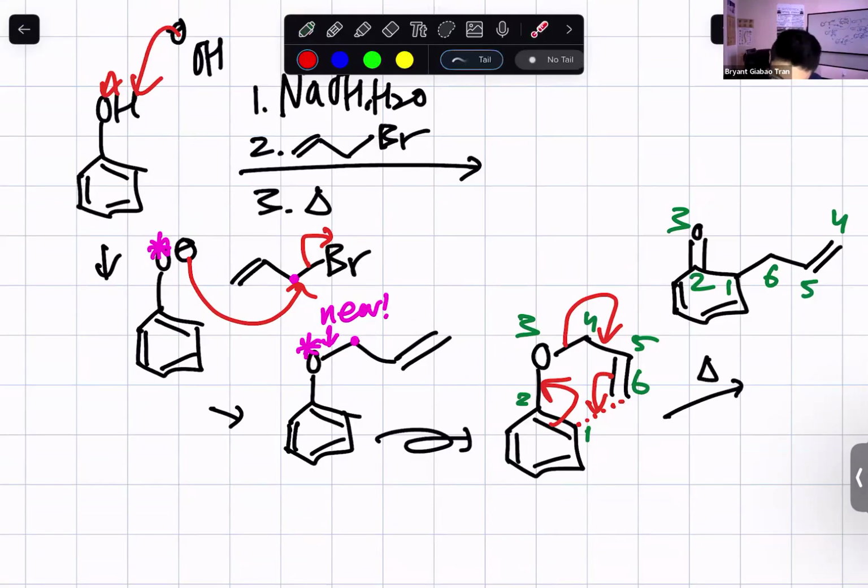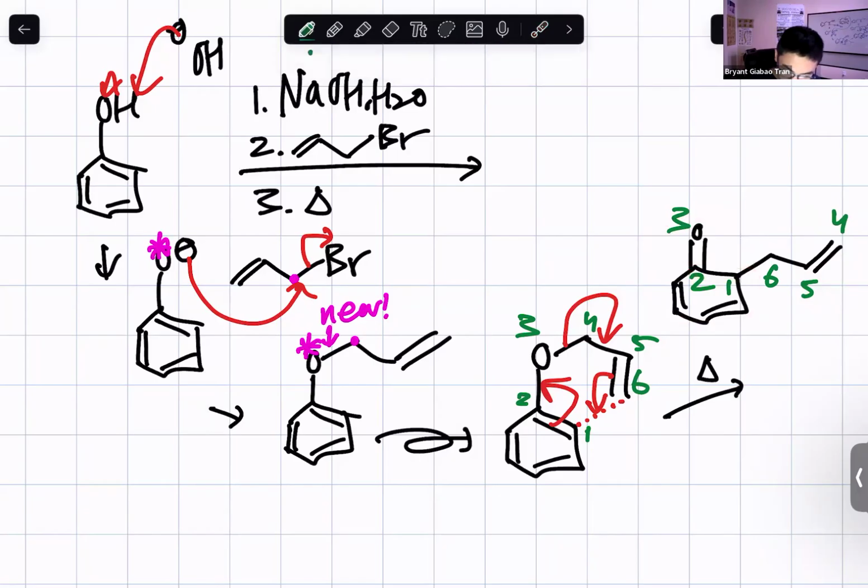Where this is a gamma delta unsaturated carbonyl, alpha, beta, gamma, delta, but we don't stop here because we see that this carbonyl form is unfavorable. We want to go back into the enol form to restore our aromaticity.